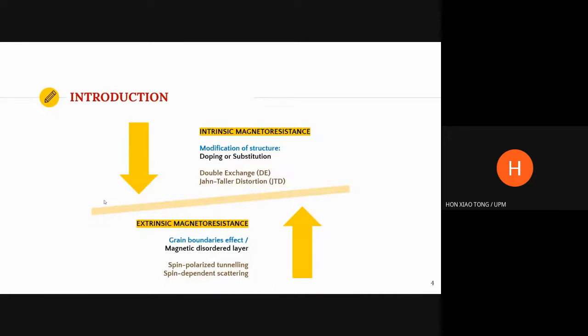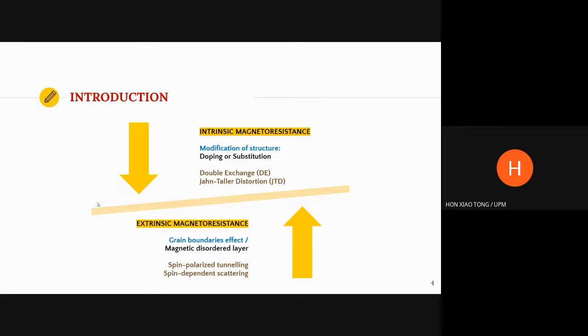Besides, the magnetoresistance is divided into two types, which is intrinsic magnetoresistance and also the extrinsic magnetoresistance. The intrinsic MR is predominant when there is the modification of structure by doing the doping or substitution into our sample.